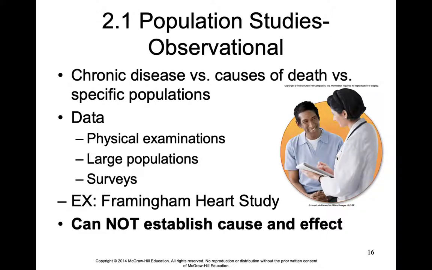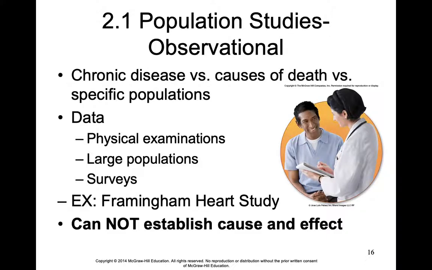There were over 5,000 healthy participants, and basically they followed those participants over several decades and collected all kinds of really specific data at very specific intervals of time, and analyzed it to figure out what the health outcomes of that population were, and if there were any relationships to lifestyle or nutrition factors.